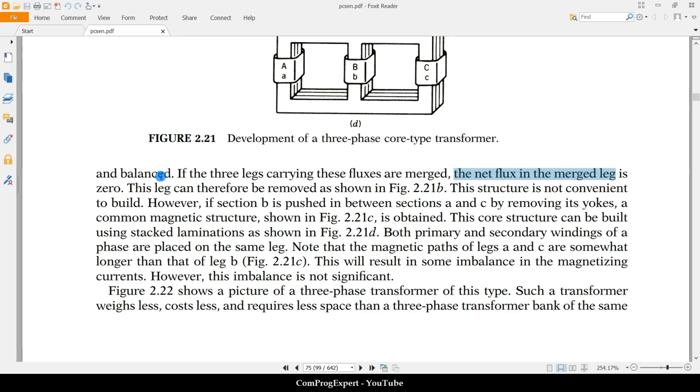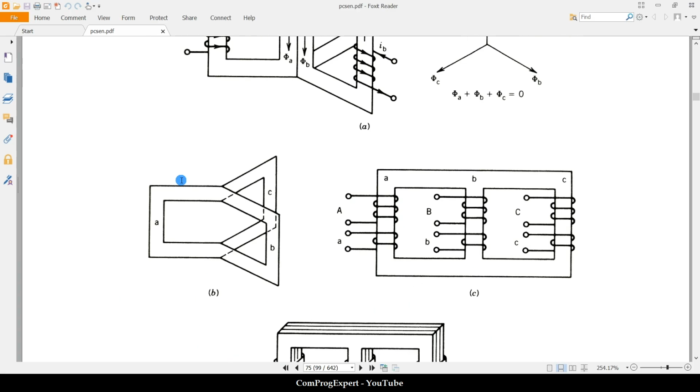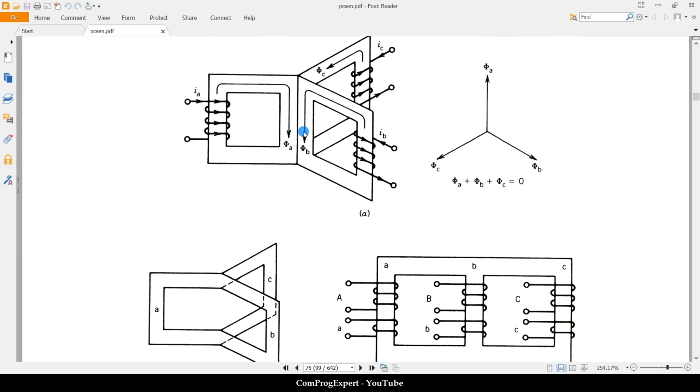It is the summation of three sinusoidal waveforms with 120 degrees phase shift between them. This leg can therefore be removed as shown in this figure, because the net flux in this leg is 0. Here you can see the reason.